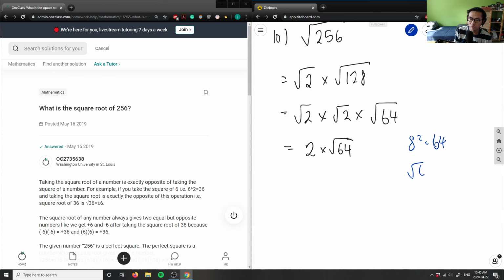Therefore the root of 64 equals 8, so this is 2 times 8, and my answer is 16. The square root of 256 is 16.